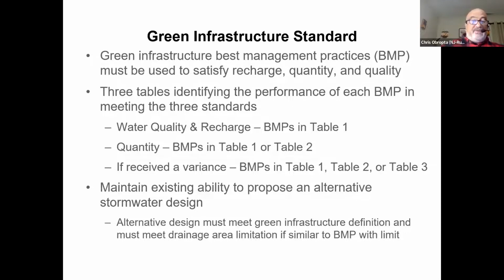If you don't use a green infrastructure practice, you can get a waiver or a variance. You can't get a waiver, you get a variance, but you have to do a mitigation project to make up for that. Okay, so that's really, really important. Okay, so you can't just wave your hand and say, oh, you don't have to do that. Then you're not in compliance with your permit and you could be sued. So this becomes very important.